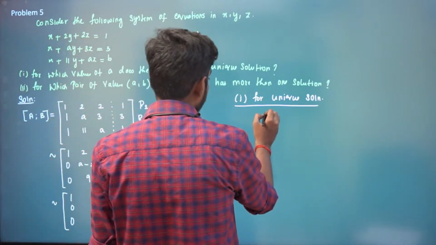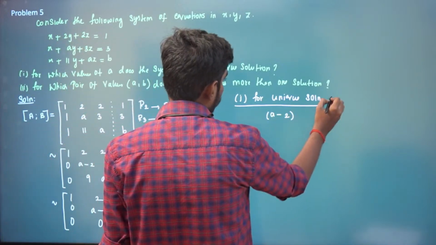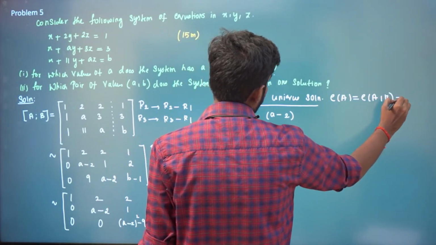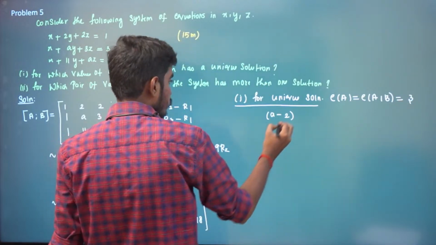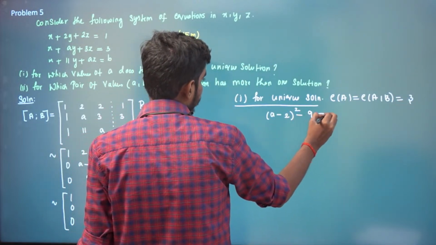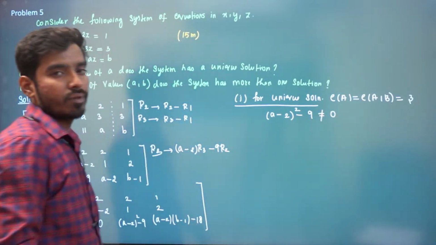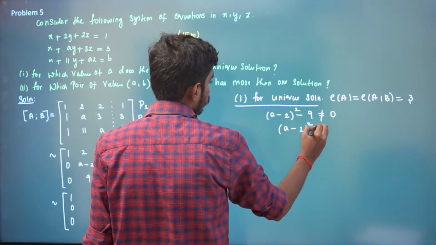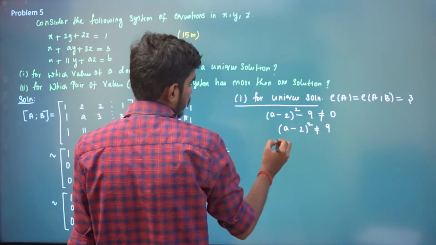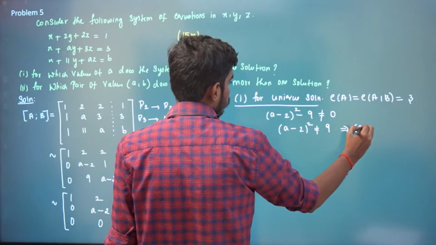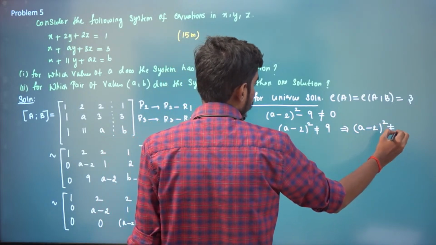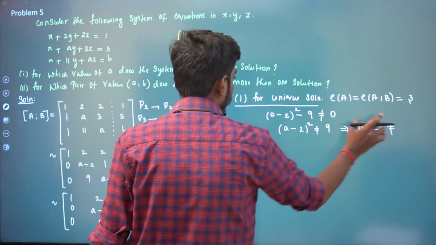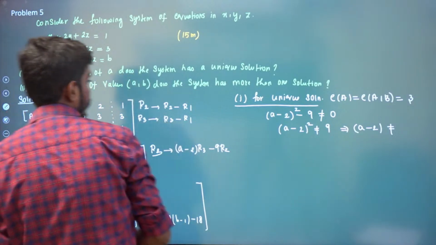So for a unique solution, what is the condition? Rank of A and rank of A comma B both equal to 3. So (a minus 2) whole square minus 9 should not be equal to 0. That means (a minus 2) whole square should not be equal to 9, so a minus 2 should not be equal to plus or minus 3.